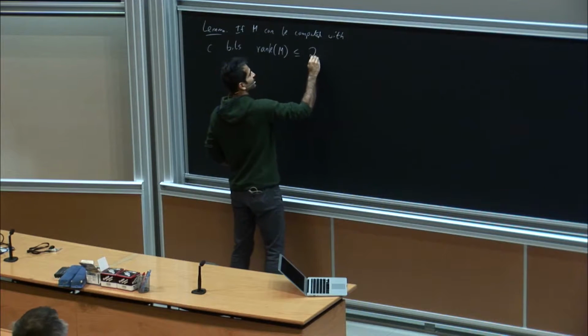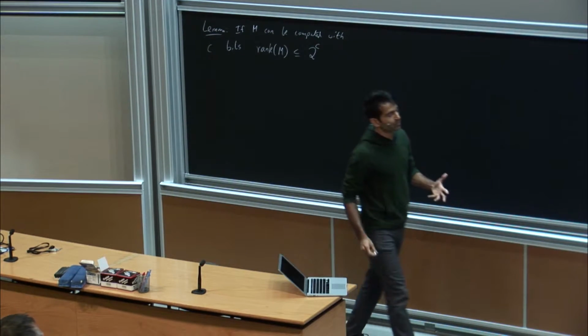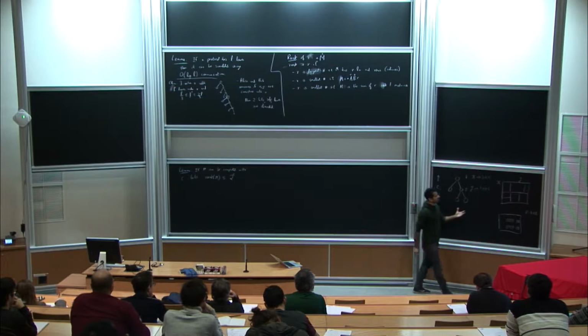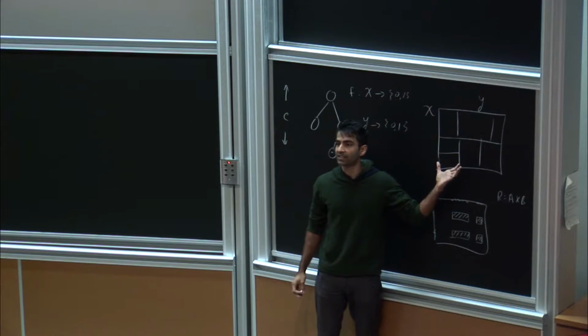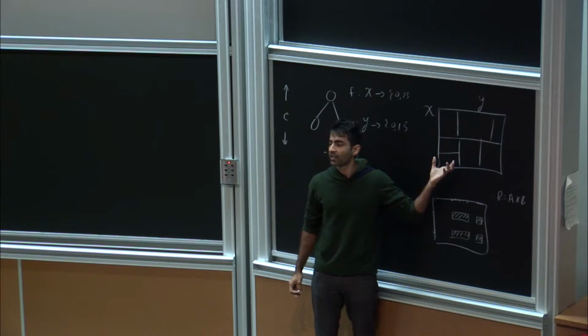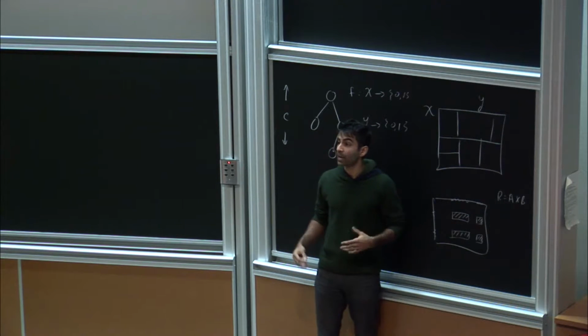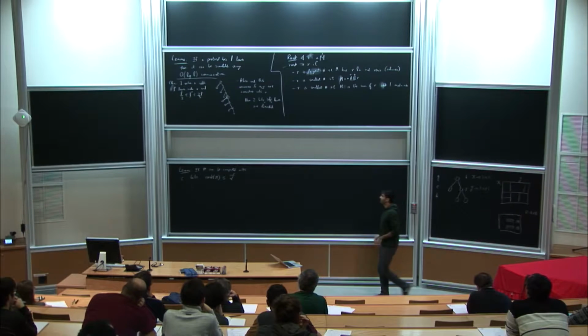And that's because M can be computed with C bits. That means you can partition the matrix into 2 to the C monochromatic rectangles. And each one of those rectangles is a rank 1 matrix, right?